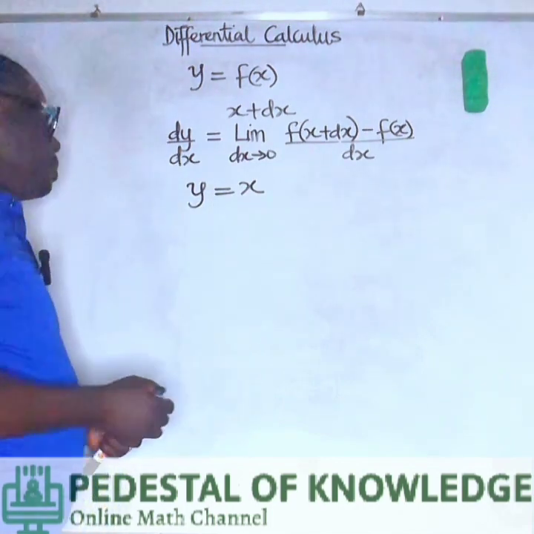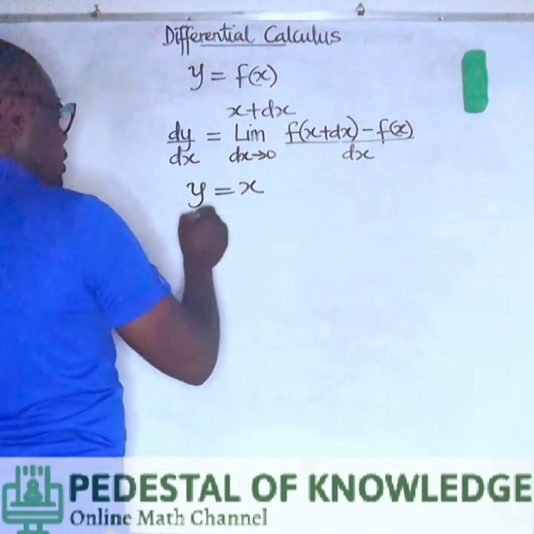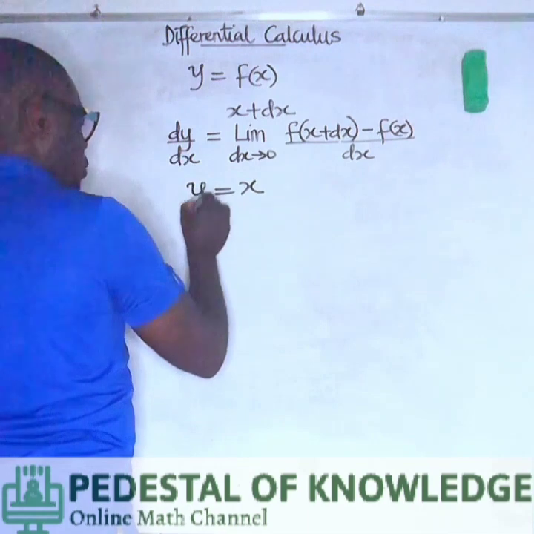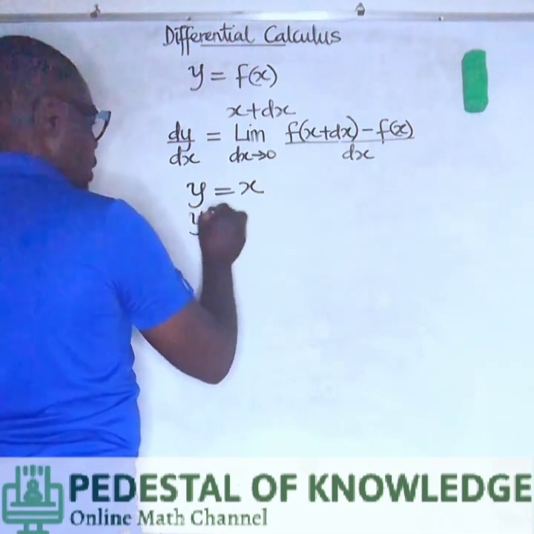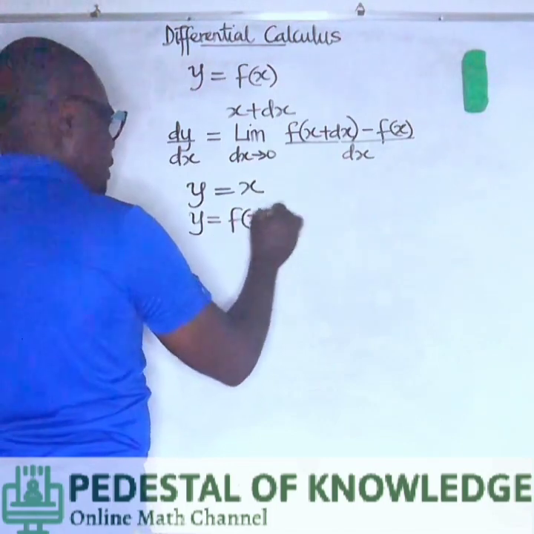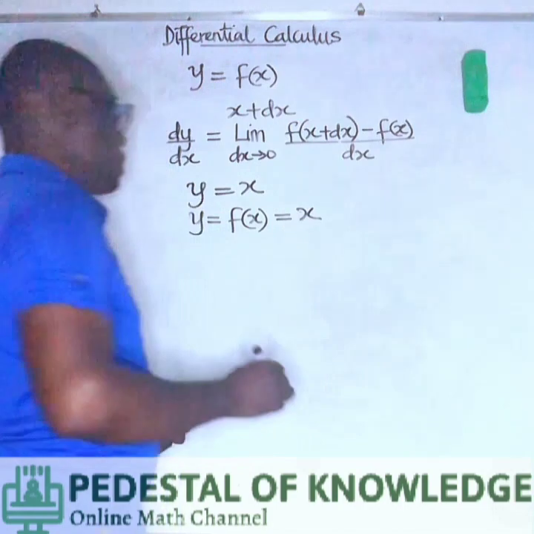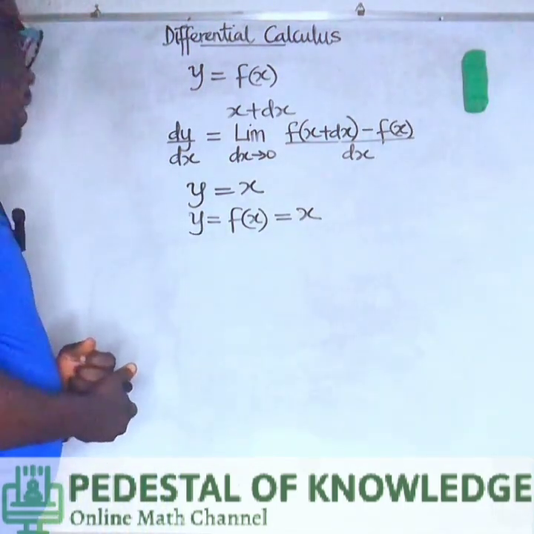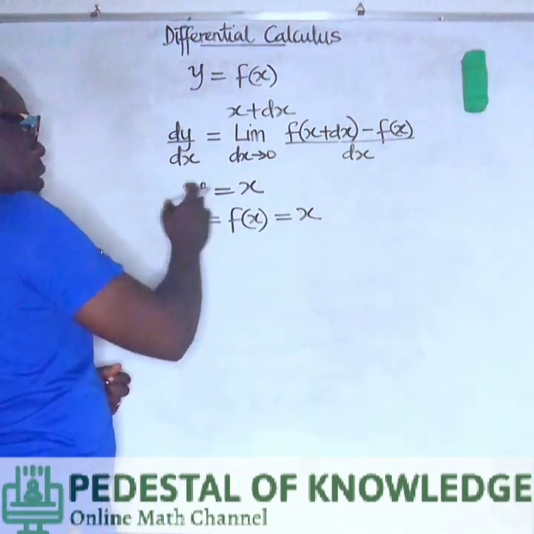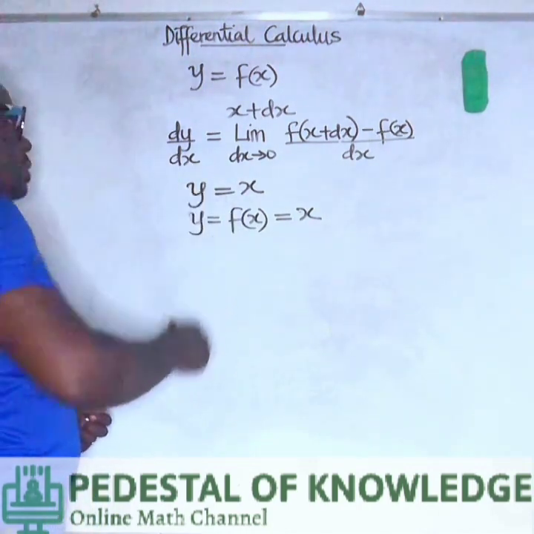Alright, now remember that y can also be written as f of x, and this f of x is given by x. You're asked to find the differential coefficient of y with respect to x, the rate of change of y with respect to x.